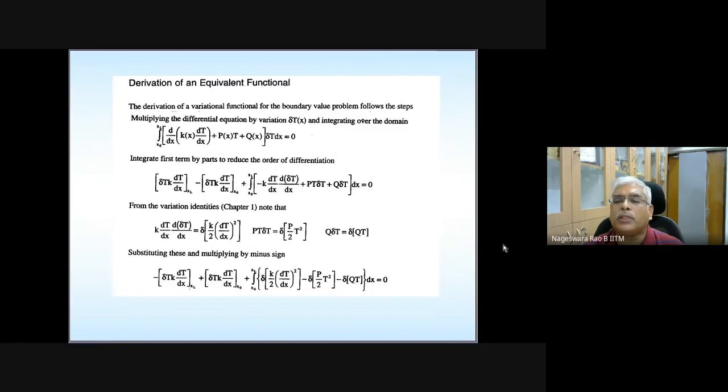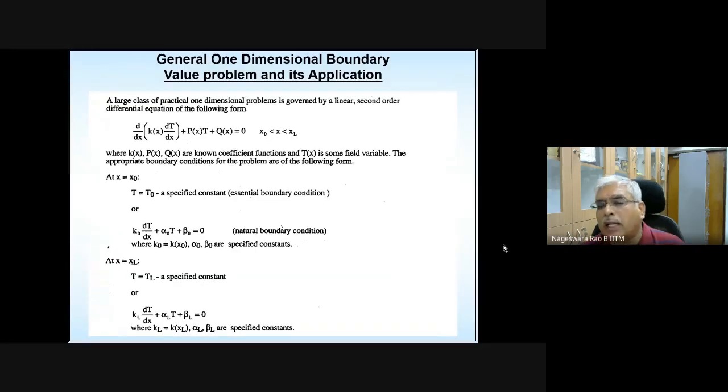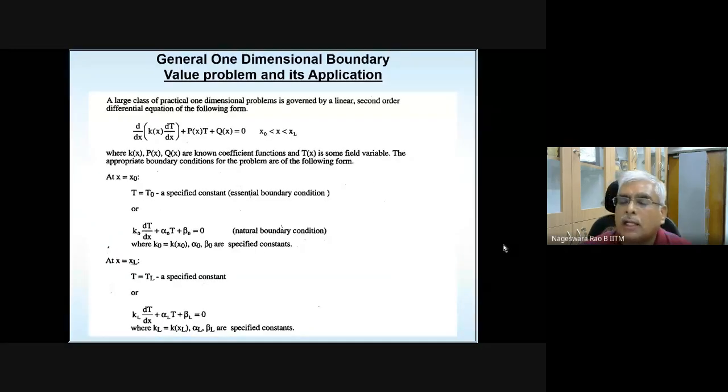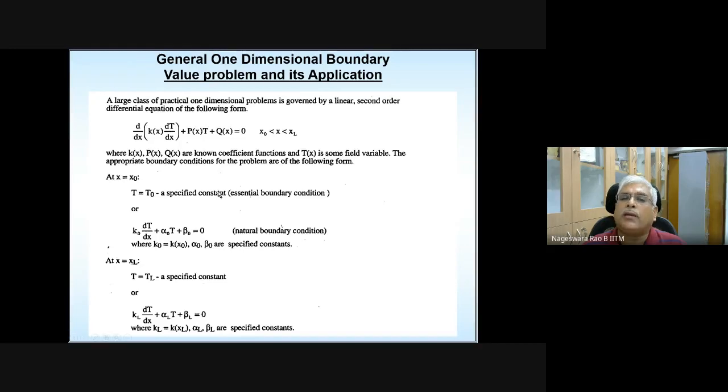So instead of focusing on specific problems, if we derive a general element equation system for a general problem, then depending on the specific problem requirements, we can identify and get the element equations. That is the idea of this general one-dimensional boundary value problem.